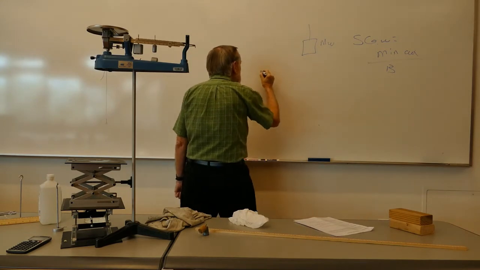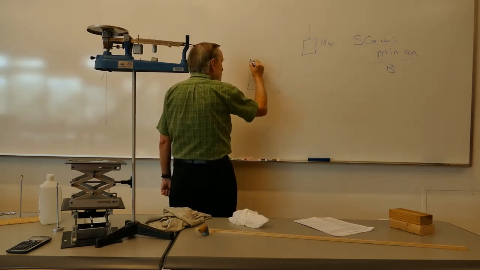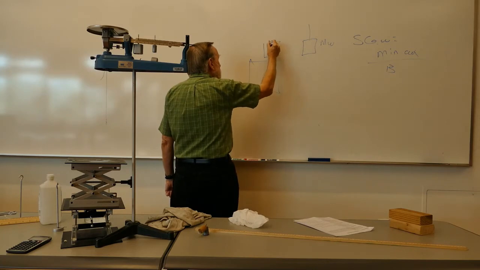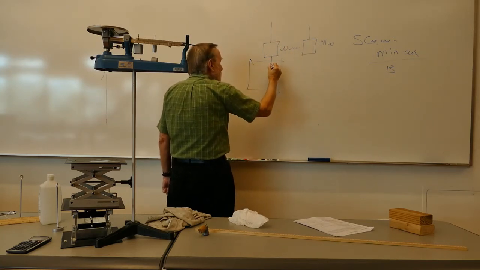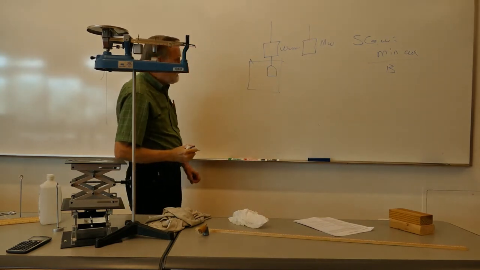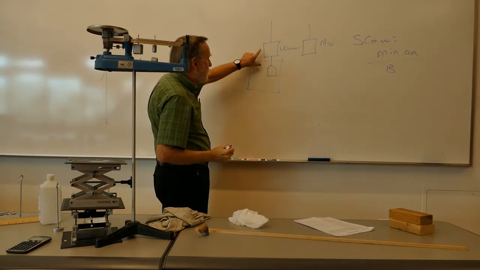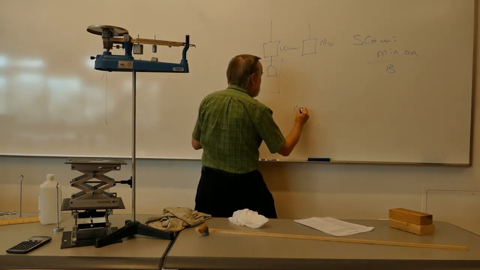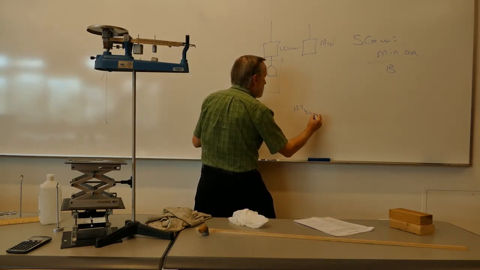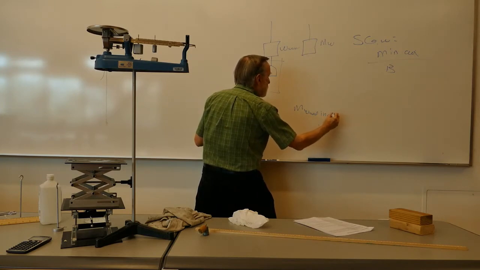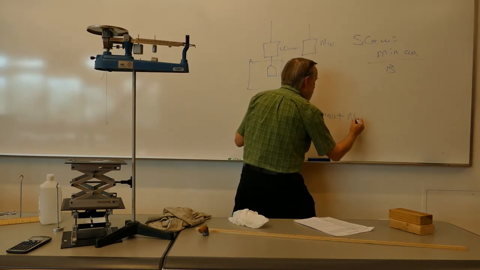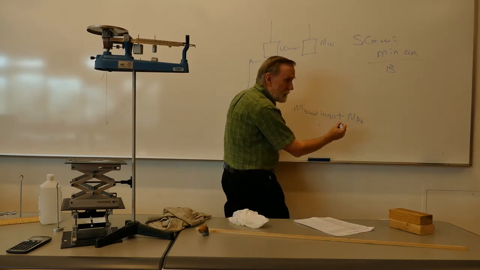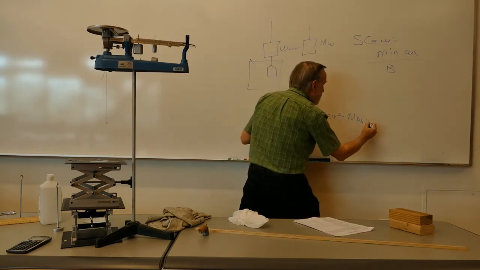Then we're going to attach the lead sinker to the wood, and we're going to measure the mass of the wood in air plus the mass of the lead, using Pb for lead, the chemical symbol for lead, in water.